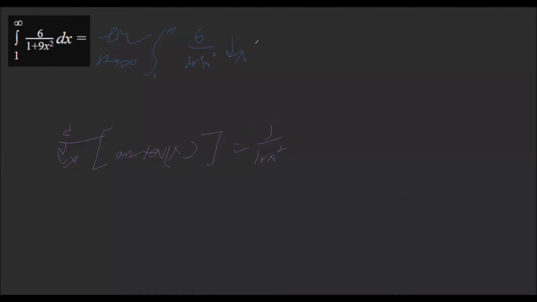So we're going to begin by rewriting this once again. We can say that this is equal to the limit as n approaches infinity of the integral from 1 to n, 6 over 1 plus (3x) squared. And so all I did was manipulate this because, of course, 9x squared is equal to (3x) squared.